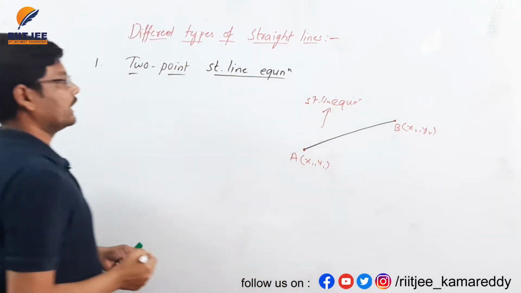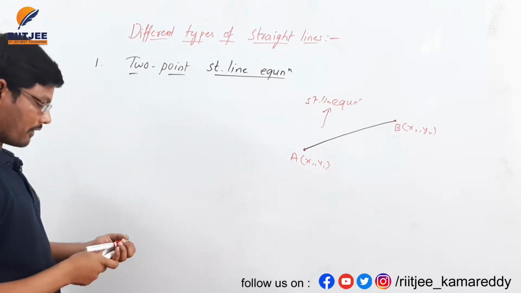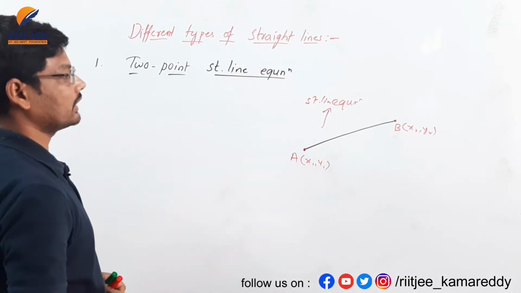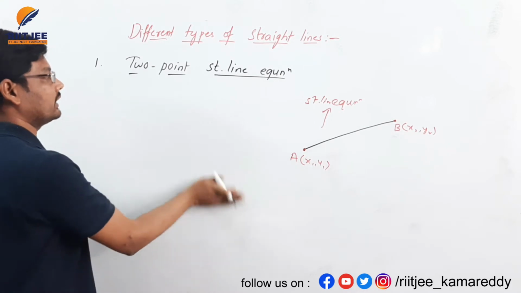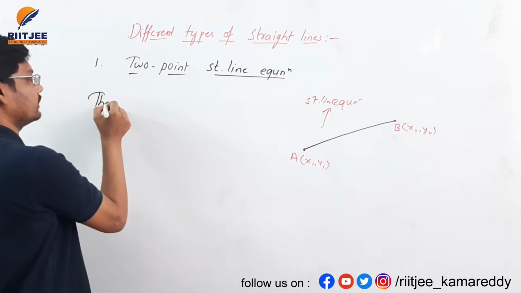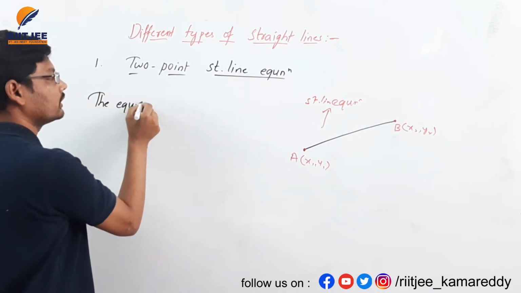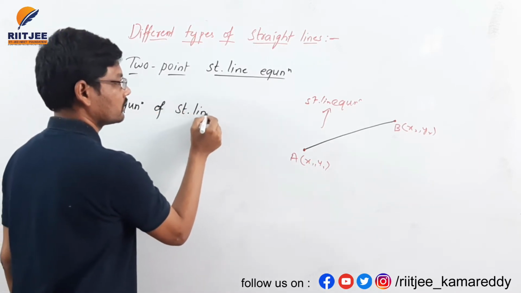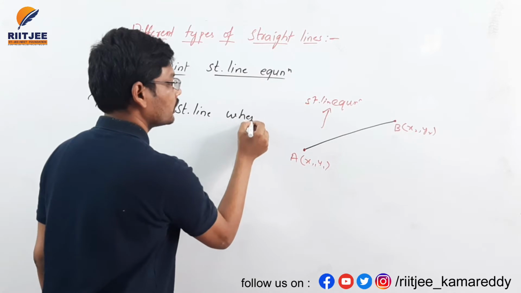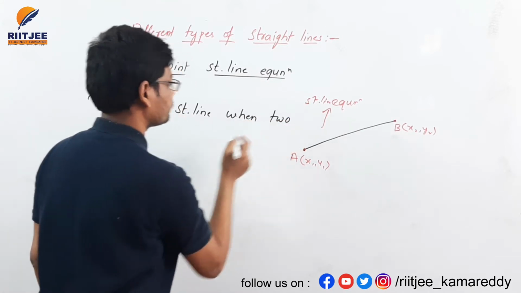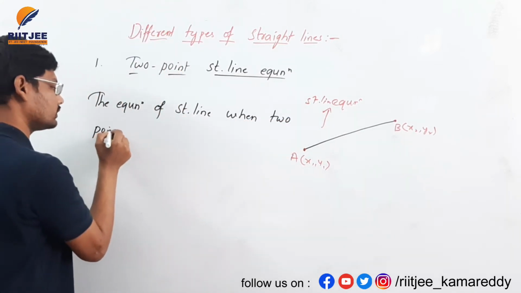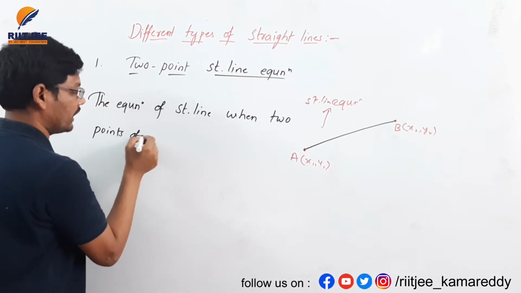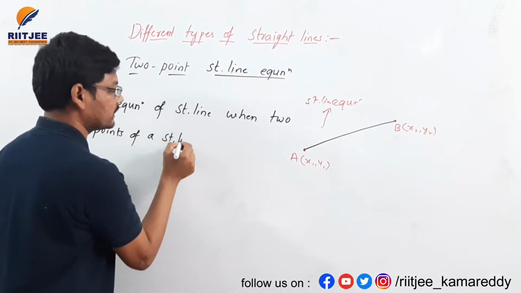First we need to find the slope here, the equation of straight line when 2 points of a straight line are given.